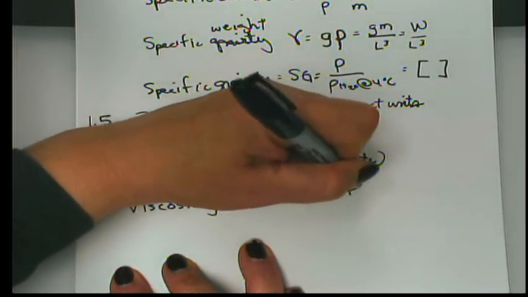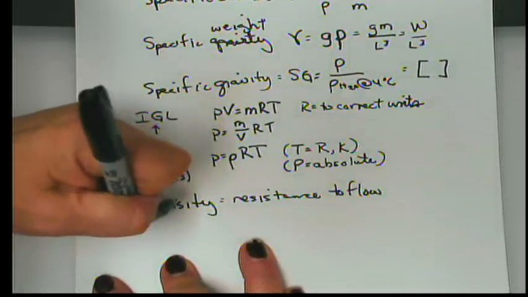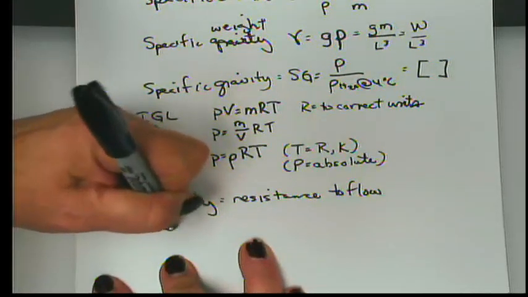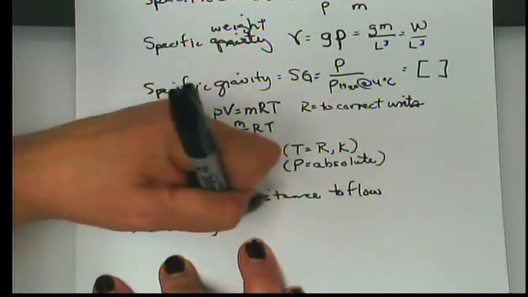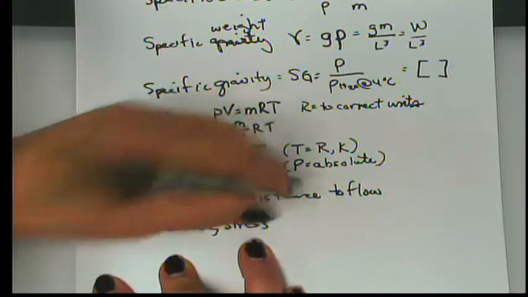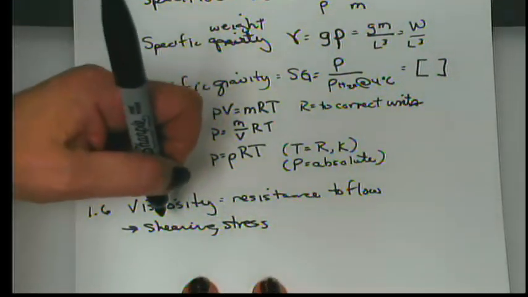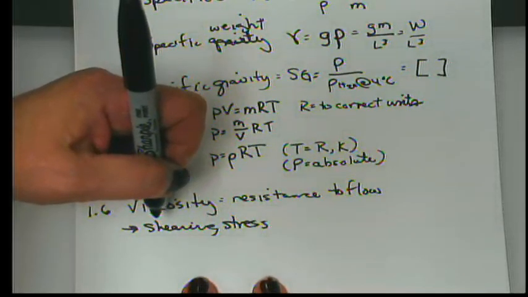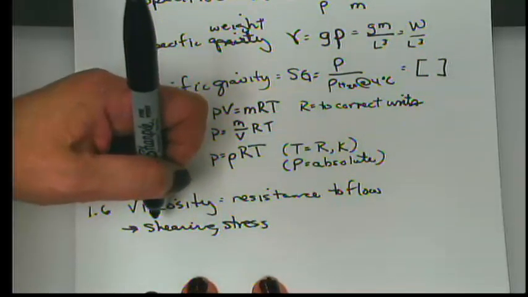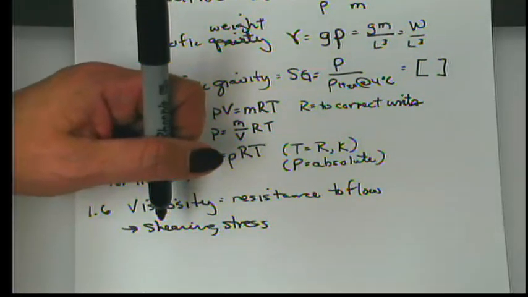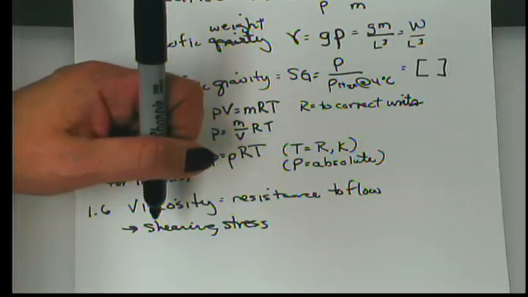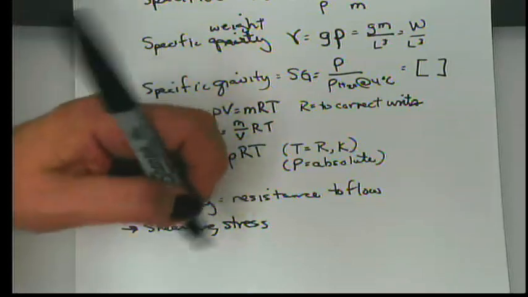So what we're really getting into is this idea of a shearing force or a shearing stress, and how the fluid responds to it. In other words, how much force or stress is required to create a change in the shape of the fluid.